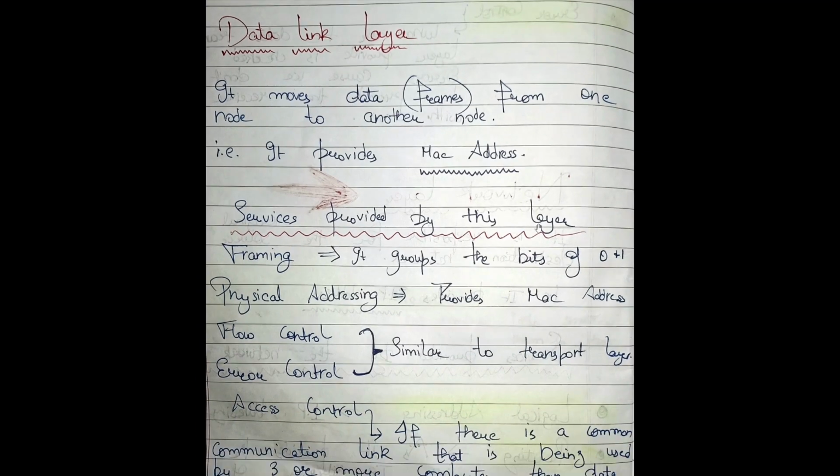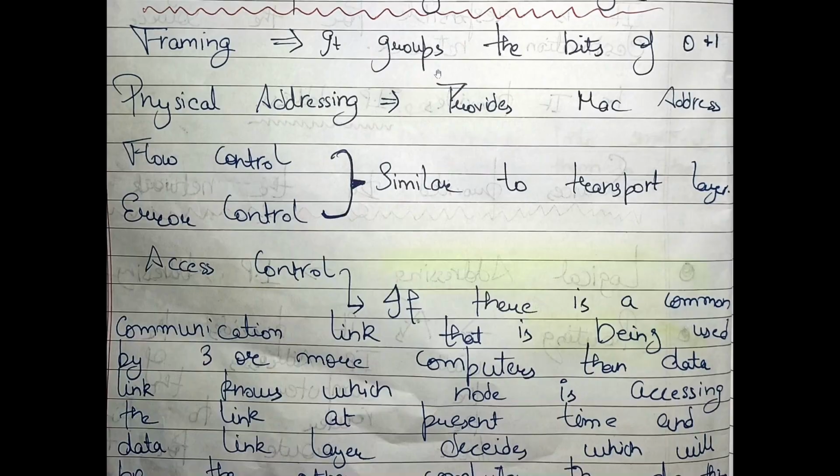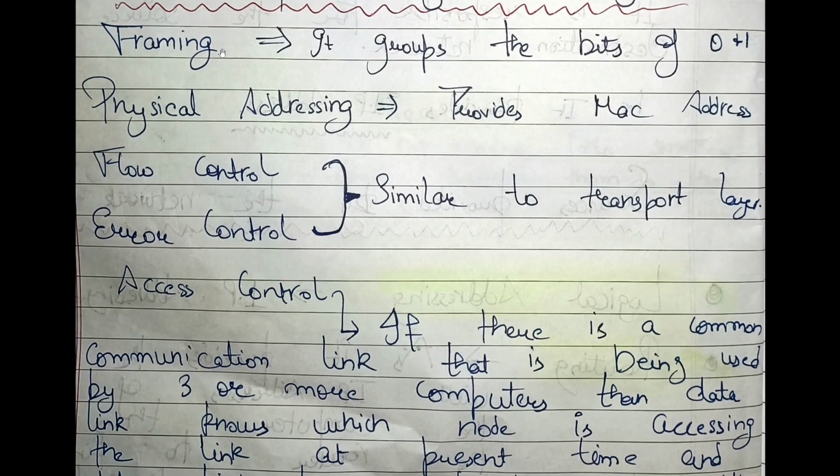The services provided by this layer are framing, which, as I earlier told you, groups the bits of 0 and 1 provided by the upper layers into frames. We are going to read about framing in depth, so don't get bothered with this now. Then physical addressing: it provides the MAC address, that's why it's termed physical addressing. Flow control and error control are similar to the transport layer, so flow control and error control are also done here.